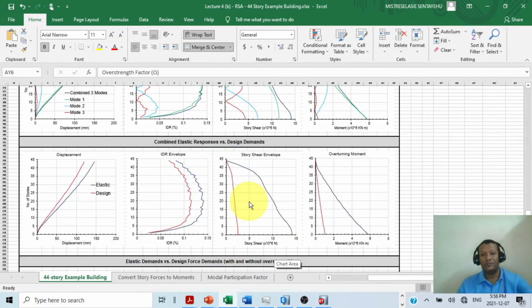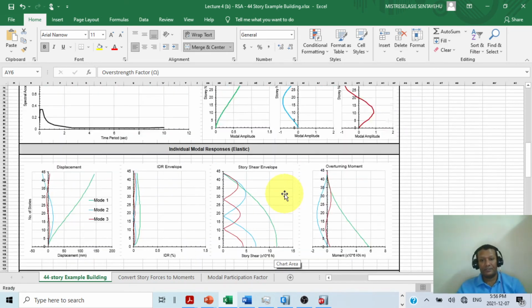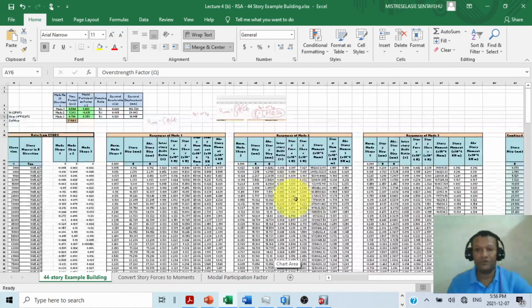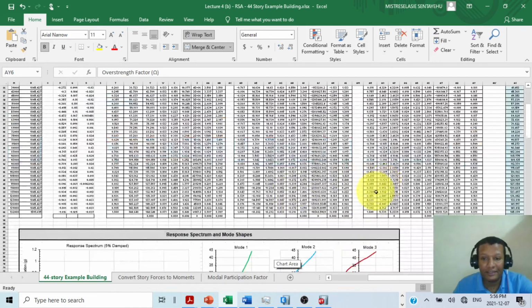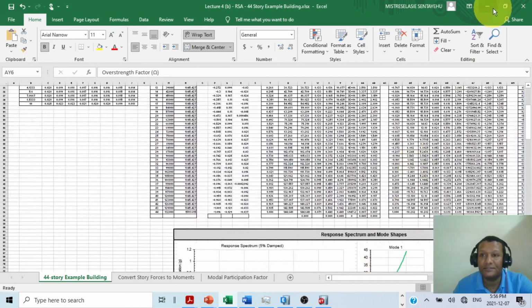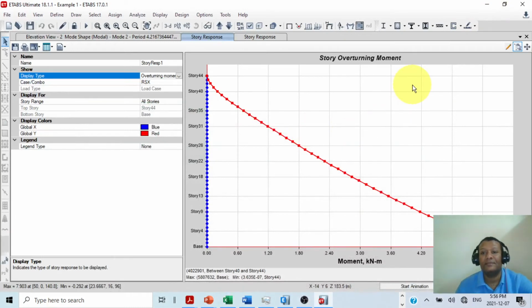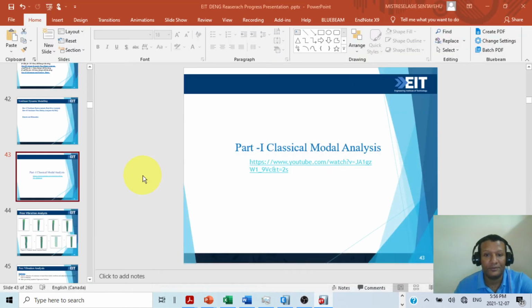So all in all, this is the brief description of response spectrum analysis and time history analysis, the differences, the equation of motion, how to decouple the coupled equation of motion, and the derivation of single degree of freedom and multiple degree of freedom systems.